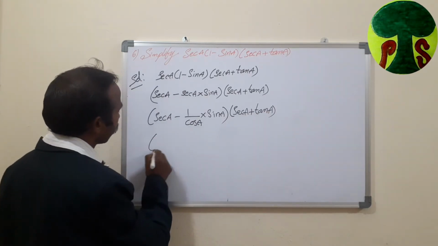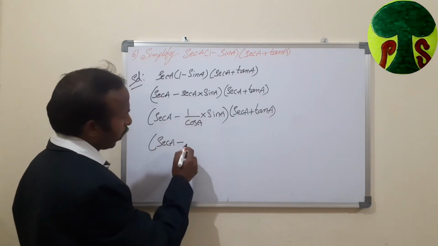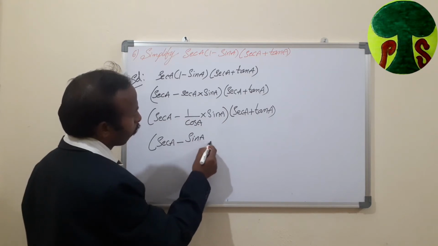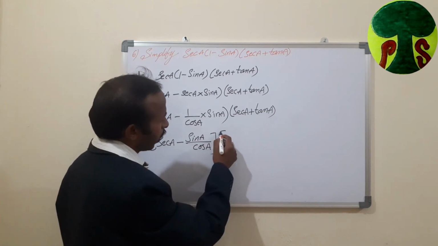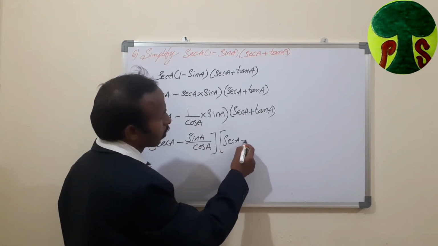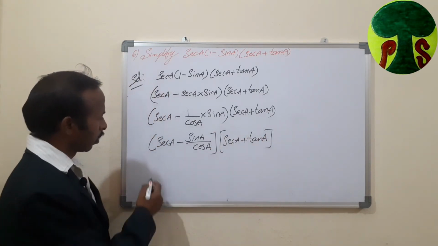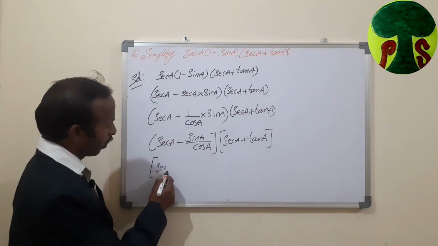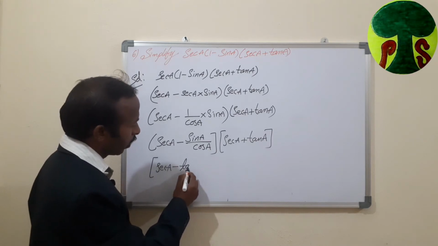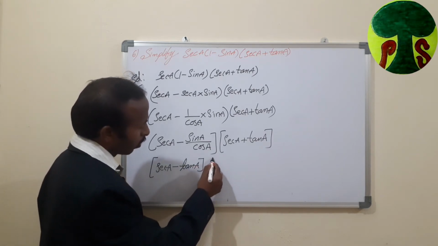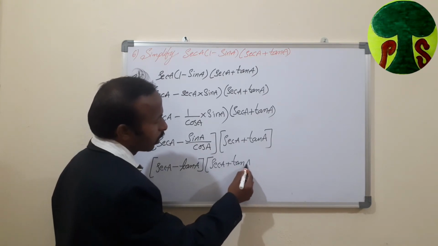Next step, secant A minus 1 into sin A is sin A by cos A, into (secant A plus tan A). Now secant A minus sin A by cos A is tan A, into (secant A plus tan A).